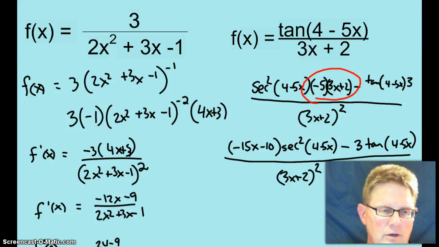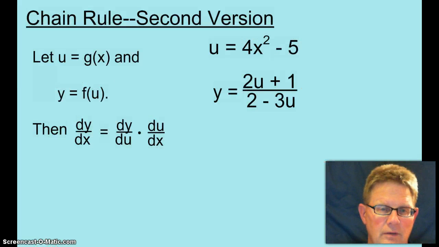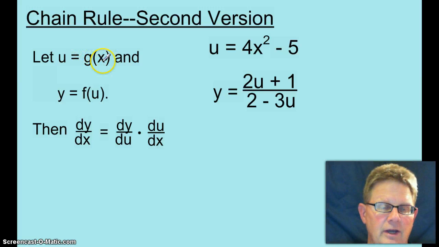Okay, let's move on to our last one, the second version of the chain rule. It's called u substitution. And let's go ahead and flip the page and see what's going on. Alright, what you do is you assign u as a certain function of x, and then express y as some function of u.